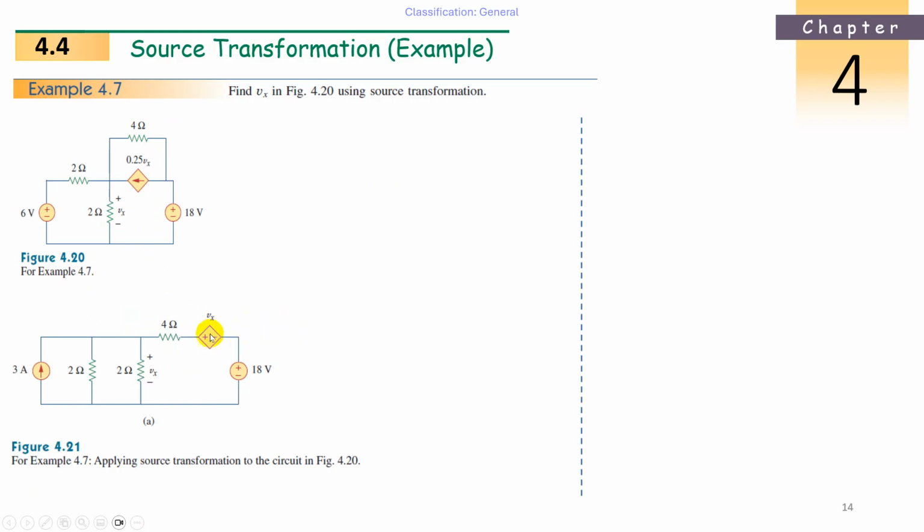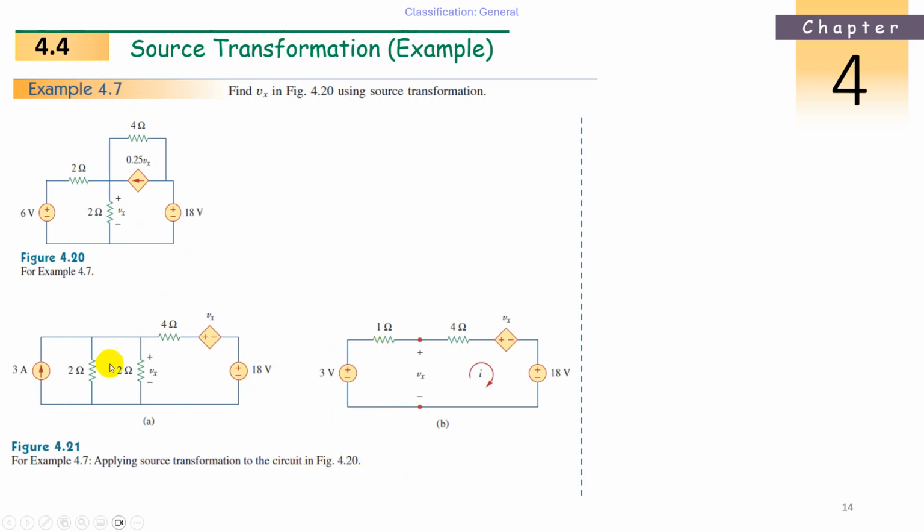Second step, again, what can we do now? Now these 2 ohms and these 2 ohms, what is happening? They are in parallel. When 2 ohms resistances are in parallel, the resultant will be 2 multiplied by 2 divided by 2 plus 2, becoming half.